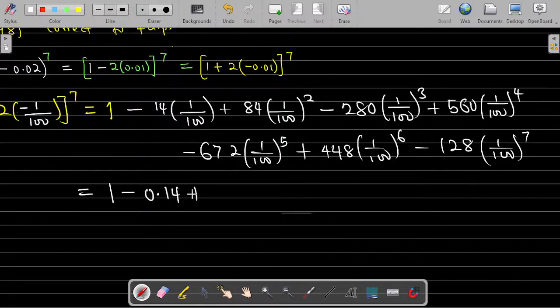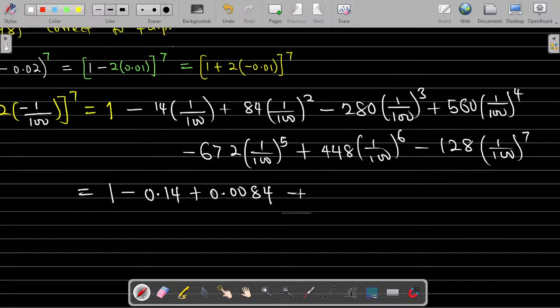Then plus 84 times 0.01 squared. 0.01 squared is 0.0001, then multiplied by 84 gives us 0.0084.